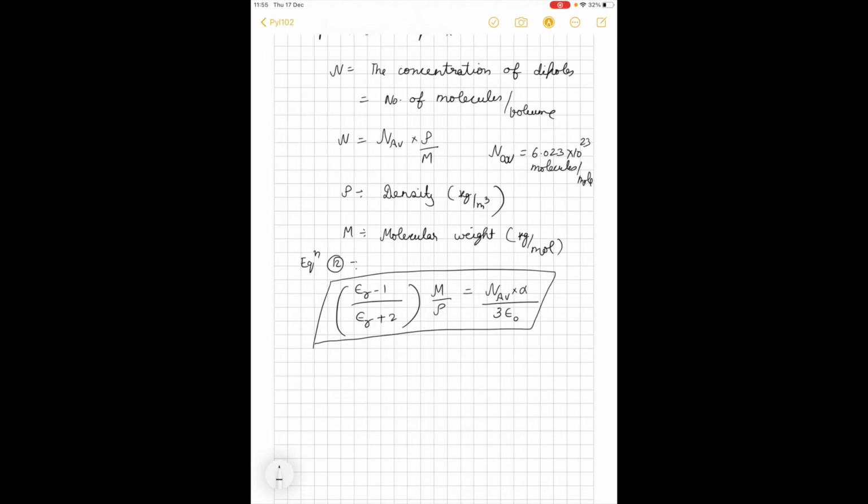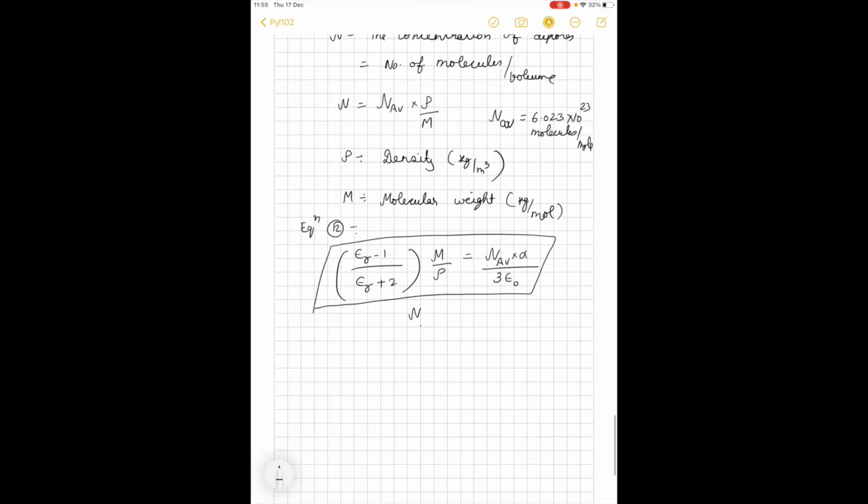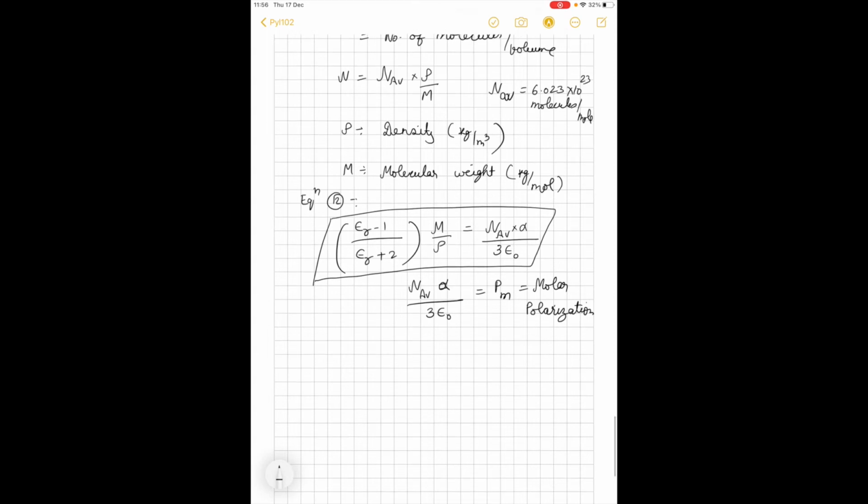Sometimes we call this right hand side, N Avogadro alpha divided by 3 epsilon naught, the molar polarization, denoted by PM. So this is about the Clausius-Mossotti equation.